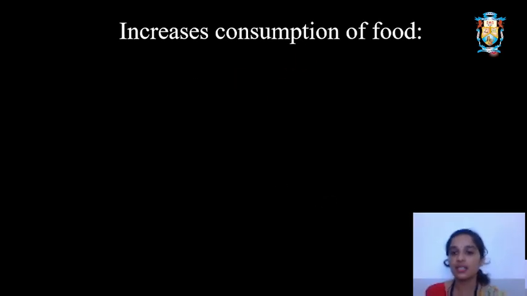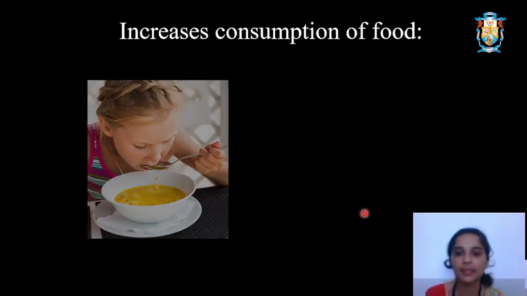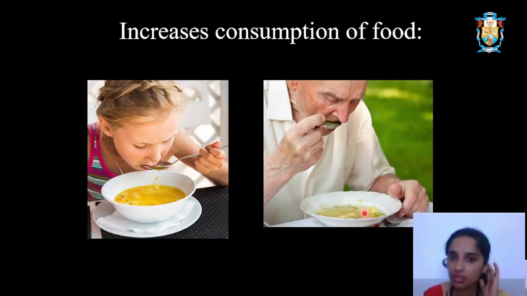Next, if you see the increases consumption of food. This is also very important in order to avoid malnutrition, especially in infants and elderly people. Infants cannot eat adult foods, right? So we have to see that suitable food, that is cereal based products.